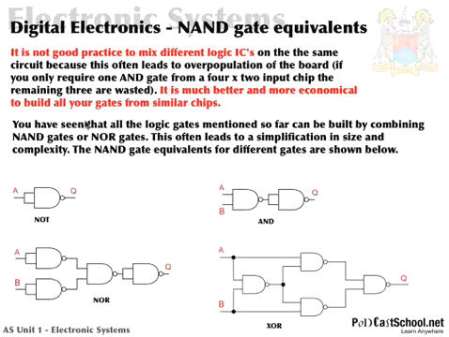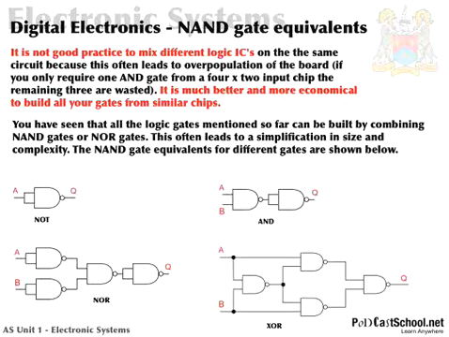Yeah, so I just said it's not a good idea to mix logic ICs, because as you know, you get ANDs and NANDs and ORs and NORs, you get them in groups of 4. So if you didn't need all 4, say you only needed 2, then that's wasted space on your circuit board, and you try not to do that. So it's best to keep your logic circuits all the same.